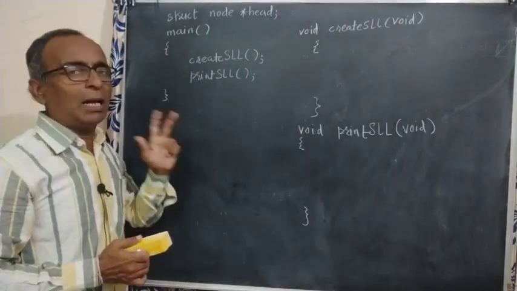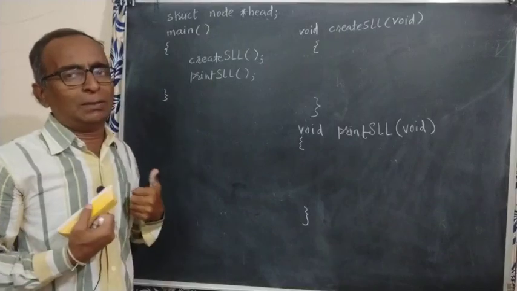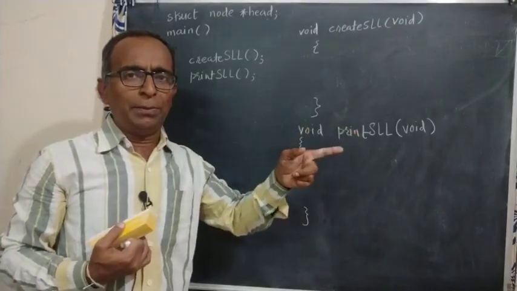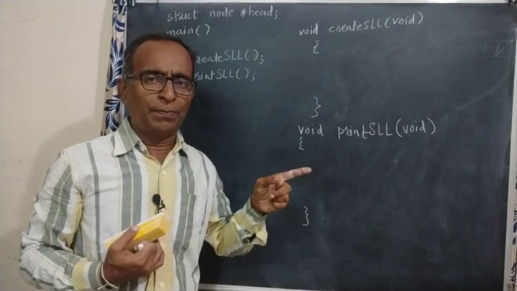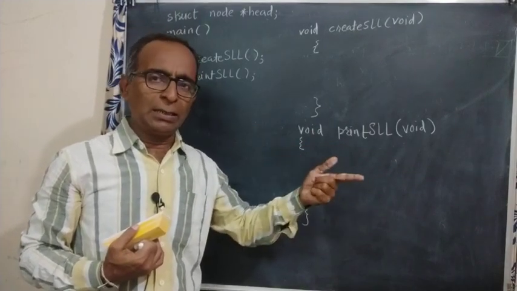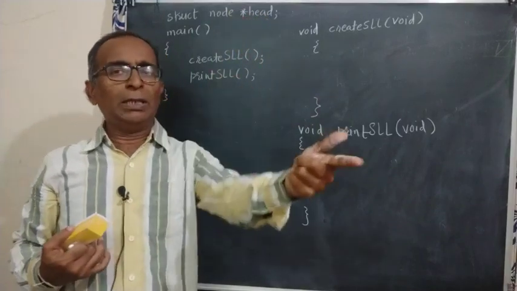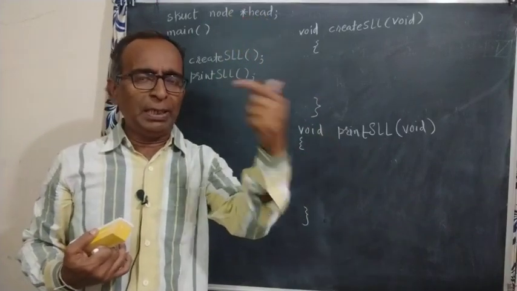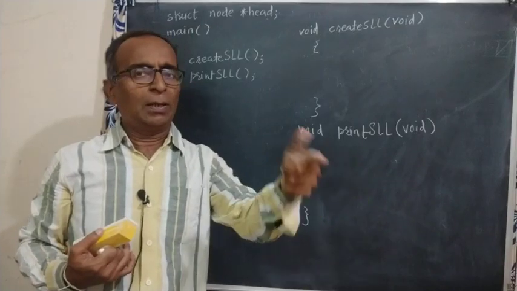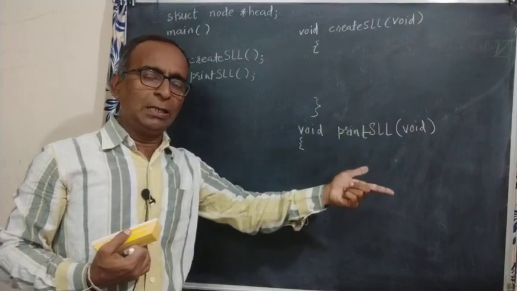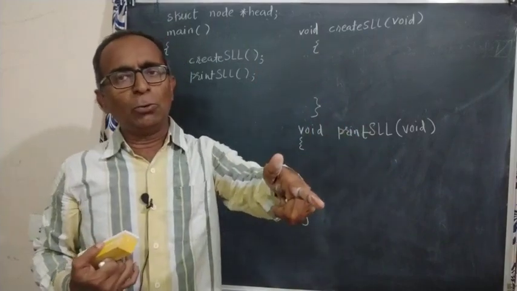Now what I am seeing here, I am the master. What I am doing? I am telling somebody, create linked list. He will create the linked list. He will set the head node's address. Then I am calling another person, print linked list. Head is global, so he knows head. Create linked list knows head. Print SLL knows head.